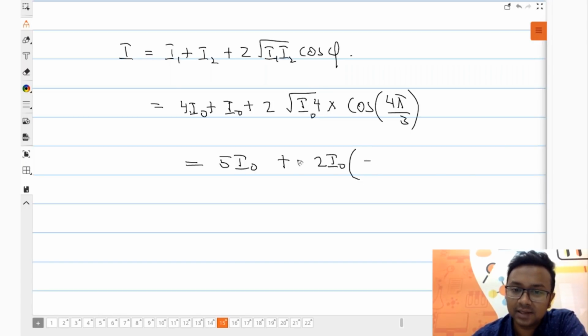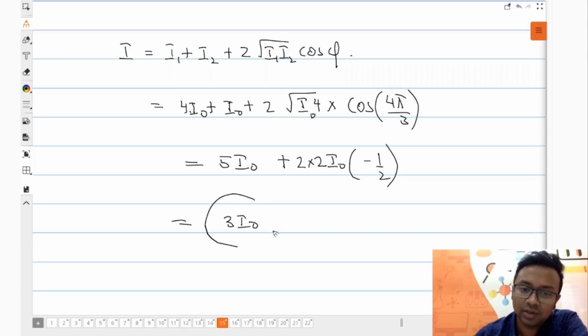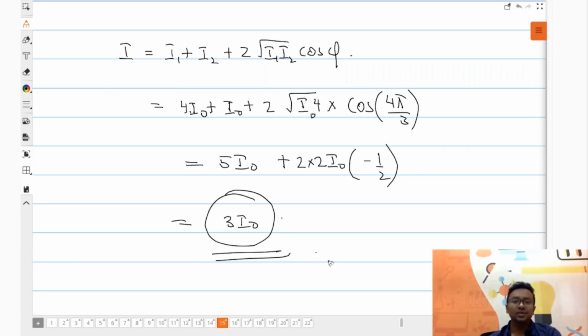We get a minus, you get a 2 here, and you get a minus 1 by 2 here. So overall, this comes to 3 I naught. All right, students. So this is what is going to be the intensity, where at a point that is 1 by 3 millimeter from the central maxima.